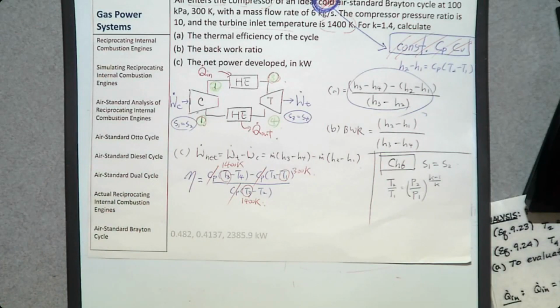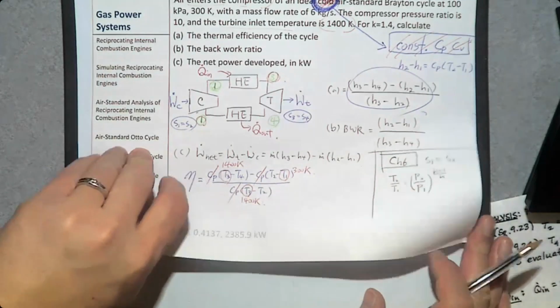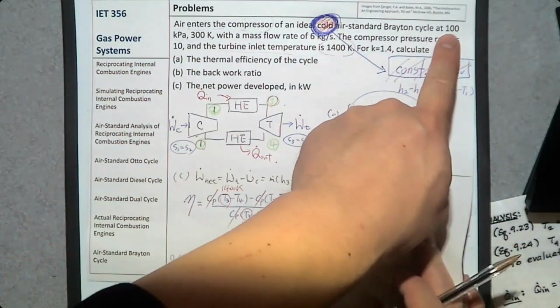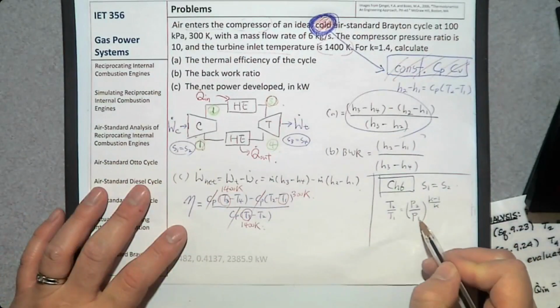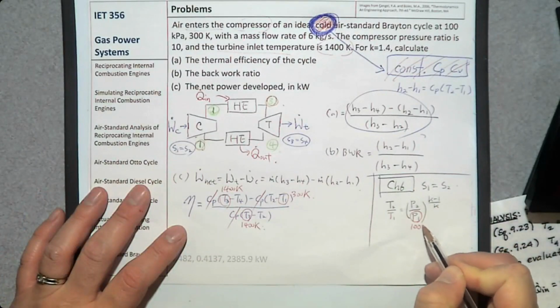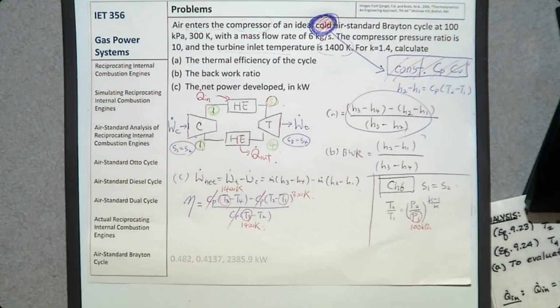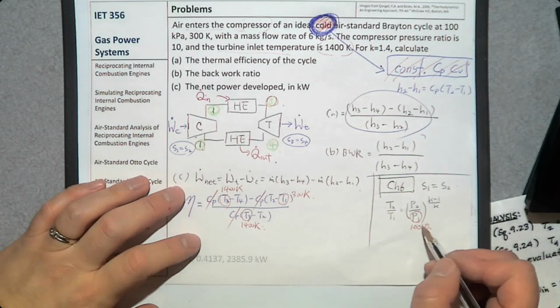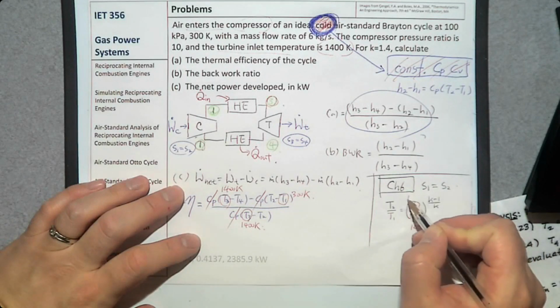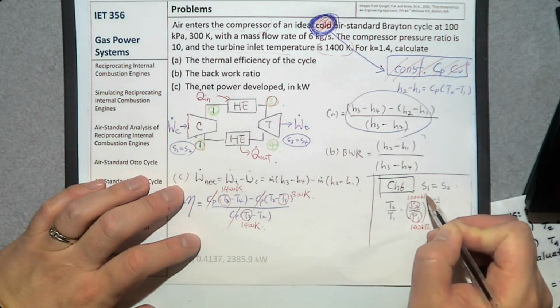Then do we know the pressure? Let's see. What is the pressure at the inlet? 100 kilopascal. What is the pressure at the exit? We do not know the pressure at the exit, but we know the compressor pressure ratio, which is 10. So 10 times 100 kilopascal.